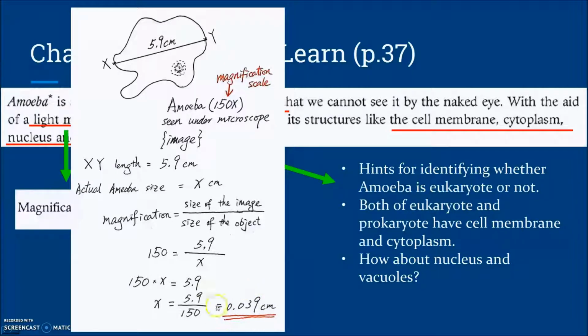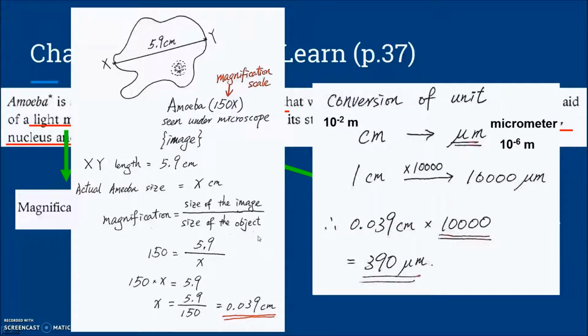But the point is that this may not be the final answer. You need to be very careful to look at the question, whether it asks you to express your answer in micrometer. So what you need to learn is to convert the unit again.